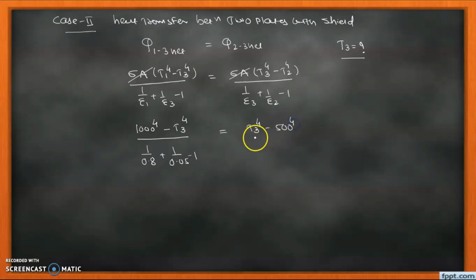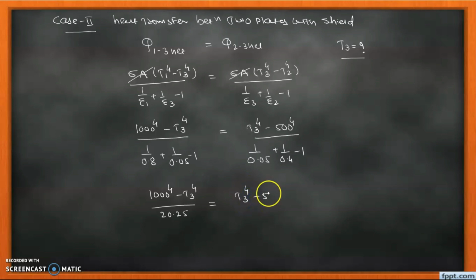minus 500 to the power 4 divided by 1 upon 0.05 plus 1 divided by 0.4 minus 1. So we get (1000 to the power 4 minus T3 to the power 4) divided by 20.25 equals (T3 to the power 4 minus 500 to the power 4) divided by 21.5.